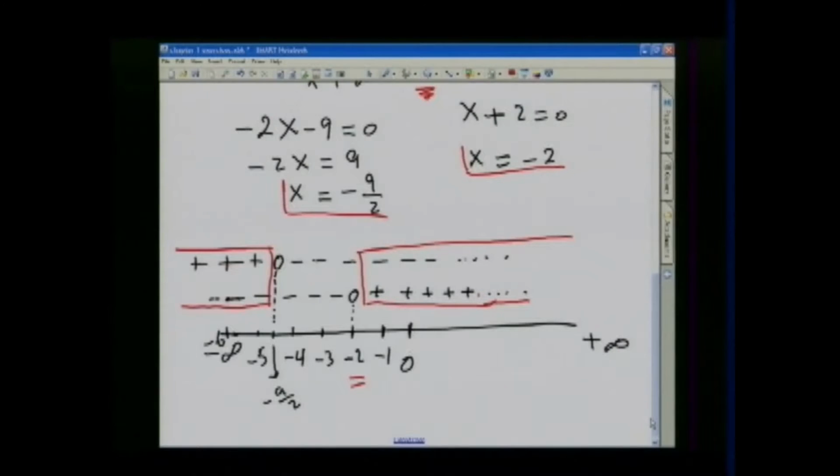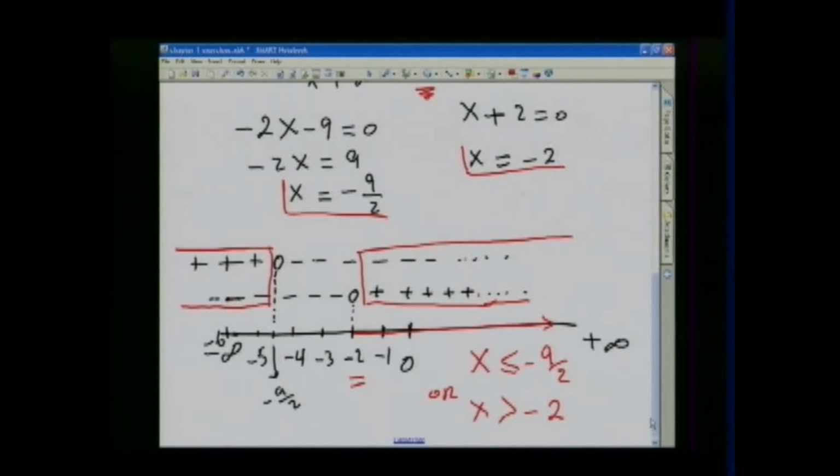So the answer we are looking for is: x has to be less than or equal to minus 9/2, or x has to be greater than minus 2. Greater than minus 2 from this point on.